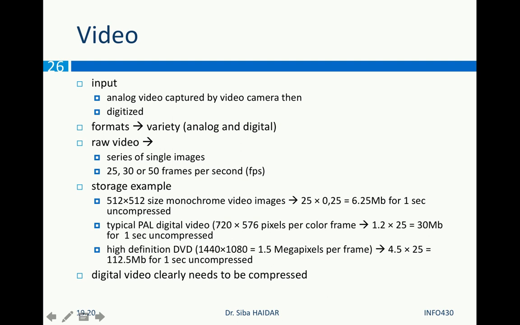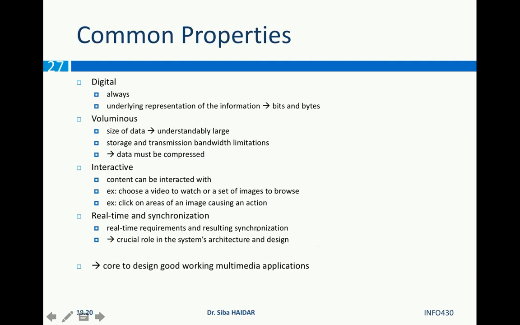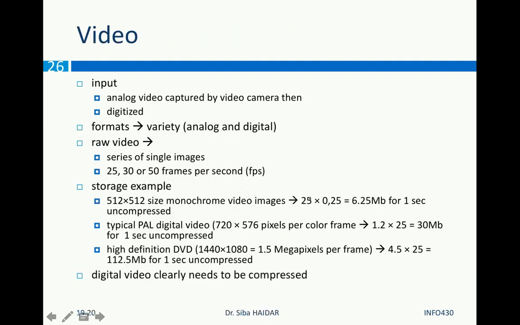These numbers are not from my head. These numbers are standards. If you say PAL, this is the dimension. If you say high definition DVD, this is the dimension. Every standard, every format has its defined width and height.